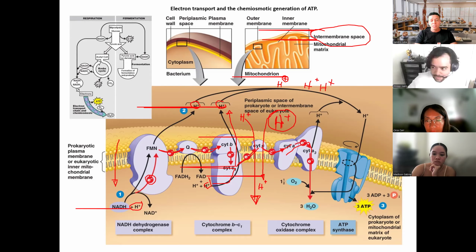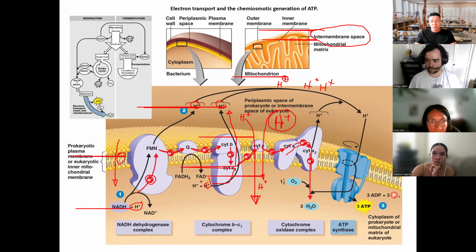Because charged ions cannot go through the phospholipid bilayer directly. Why not? Because of the fatty acid tails in the phospholipid bilayer, which repel anything that is charged. We talked about this when we discussed diffusion. Charged ions and large molecules cannot move through simple diffusion.